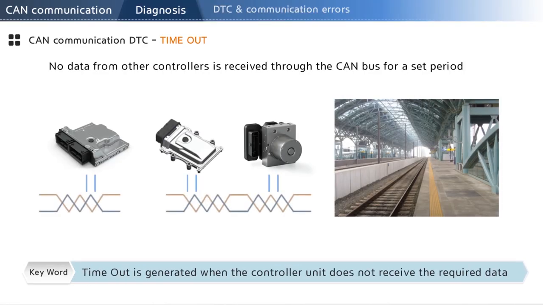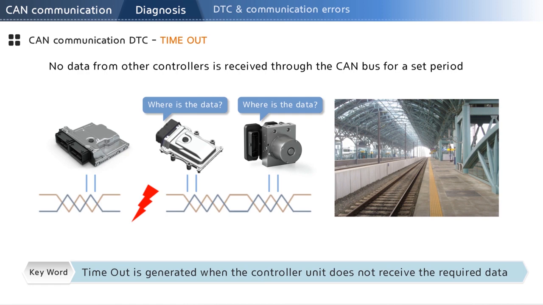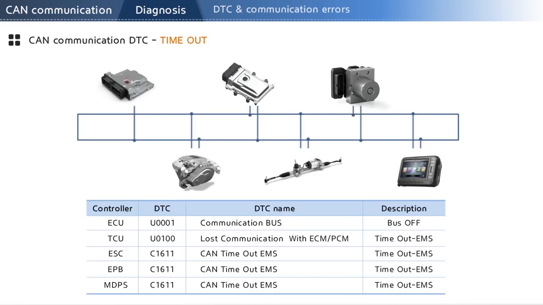Timeout is generated by a receiving unit when it does not have data transmitted through the CAN line. This could be the situation where you are waiting for a train and seeing only other trains are arriving. If the engine ECU has a problem transmitting data, other controllers cannot have the engine information they need.